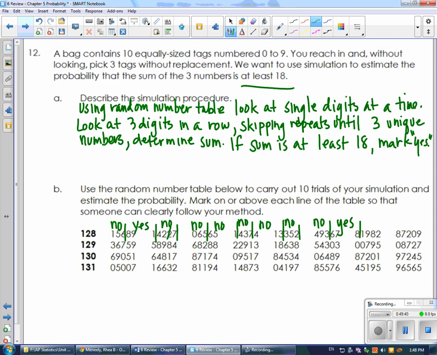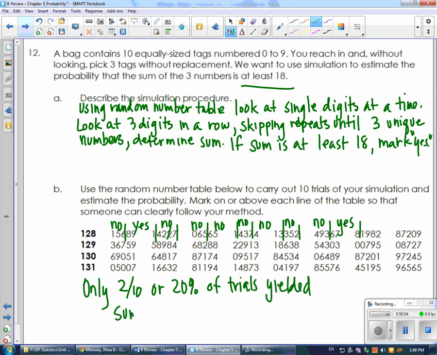And so out of my 10 trials, I only had 2 that were at least 18. So according to my simulation, only 2 out of 10, or 20% of trials, yielded a sum of at least 18.